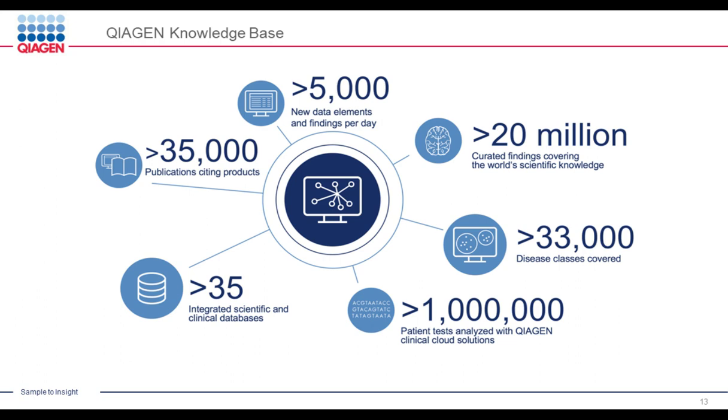We integrate over 35 both public and proprietary databases, and have actually the experience of having seen over 1 million human samples over our platform. So you can imagine the amount of variants that we've come across. And these variants are covered across over 33 different disease conditions.